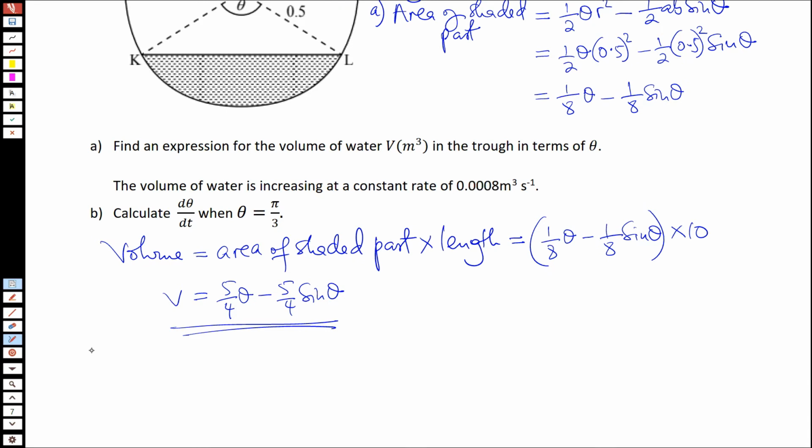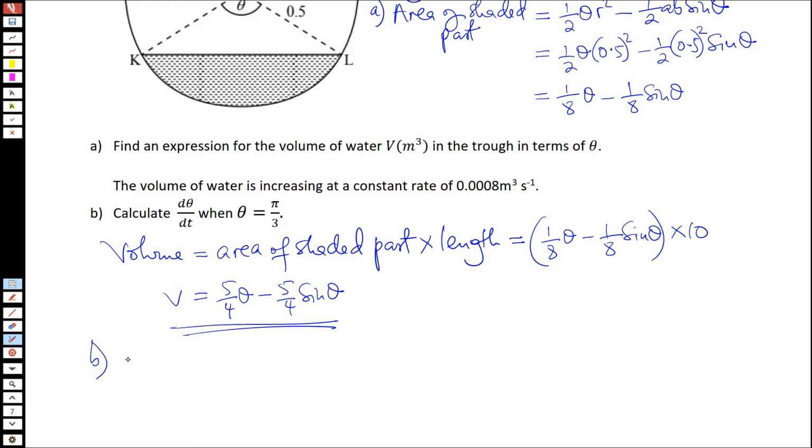So moving on to part B of this question, what is required is d theta over dt. And what's given is dv over dt.